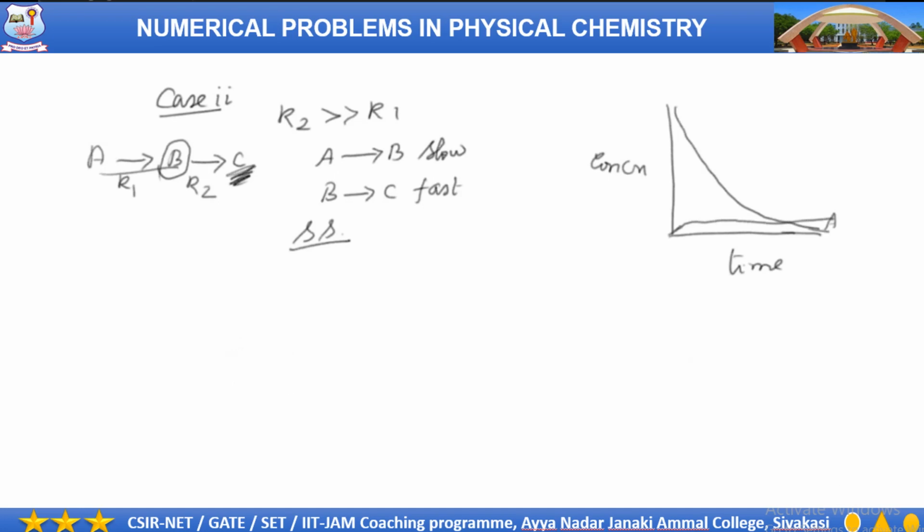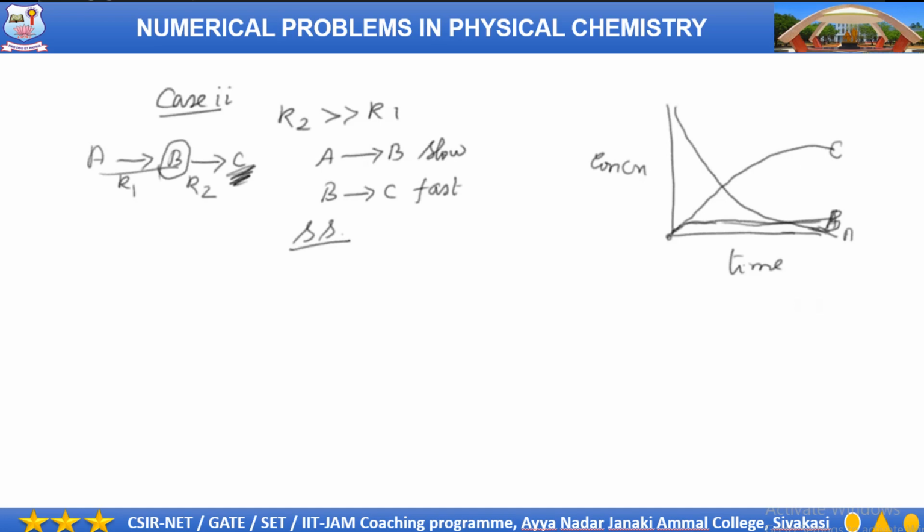Initially it is zero, but it goes on increasing. This decrease is A. The concentration of B is very small and remains almost constant. This is the steady state approximation species, the transient species B, and this is C. This is the distribution of concentration, and in such cases we can assume the steady state hypothesis.